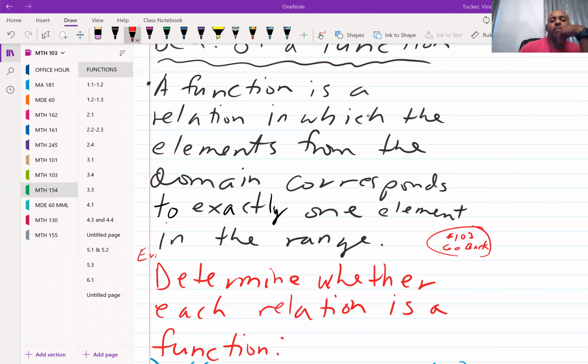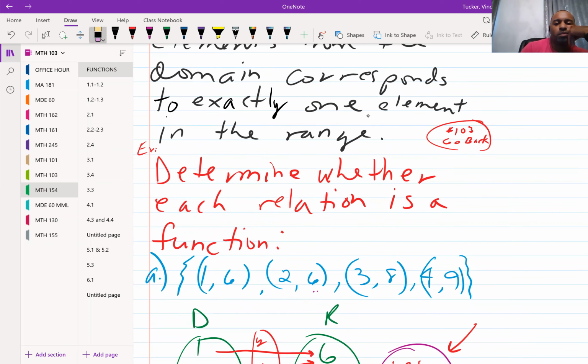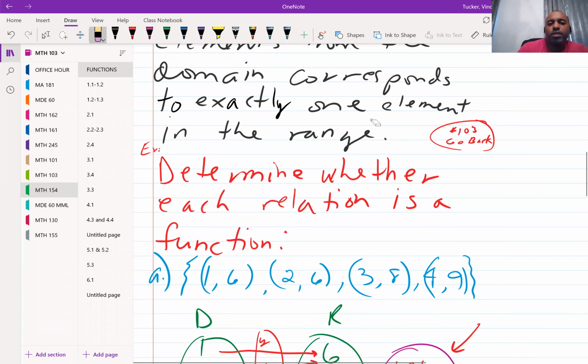All right, so the first exercise on the function: determine whether each relation is a function. Let's scroll up. Everybody done with the definition?